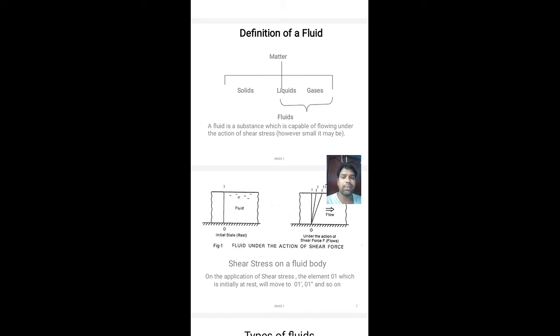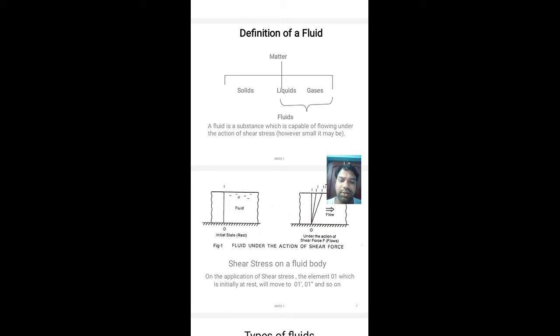In solids, the spacing between the molecules is very small. In liquids, the spacing is somewhat larger compared to solids. In gases, the spacing between the molecules is very large. So in solids, the spacing is very small and the intermolecular force of attraction is very high.